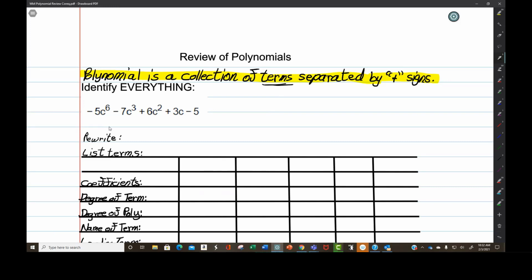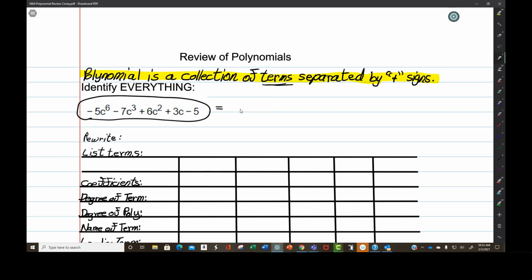Now, what that means is this is a polynomial. But to be very pure about the whole thing, I have to rewrite this because terms are separated only by plus signs. So here I go.